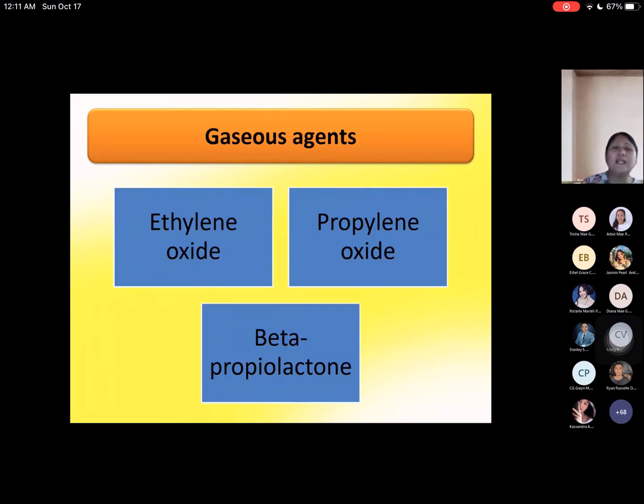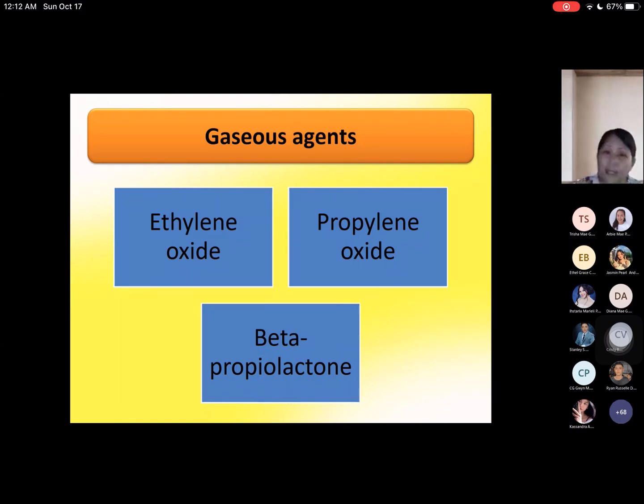We have the ethylene oxide. The ethylene oxide is actually used for highly heat-sensitive materials like rubbers, those used in catheters and in dialysis.